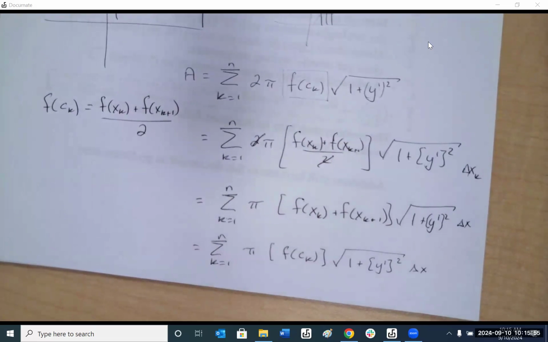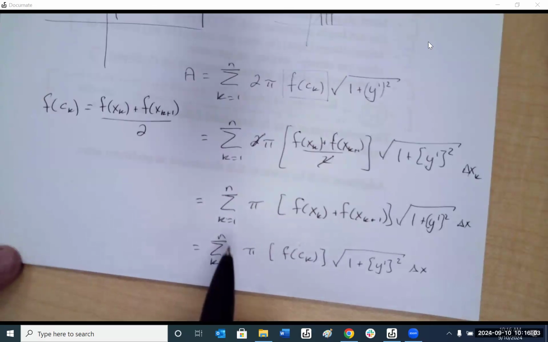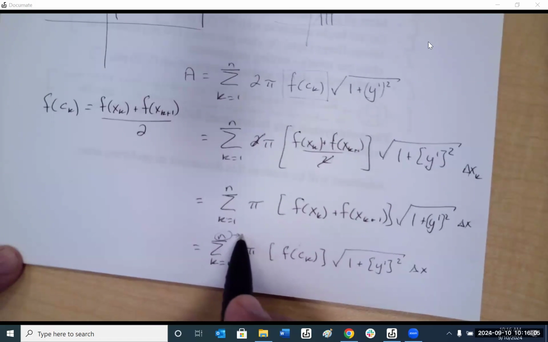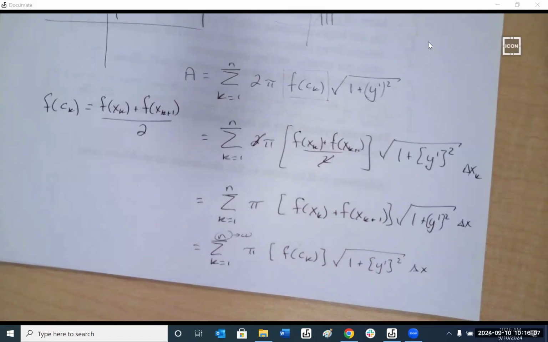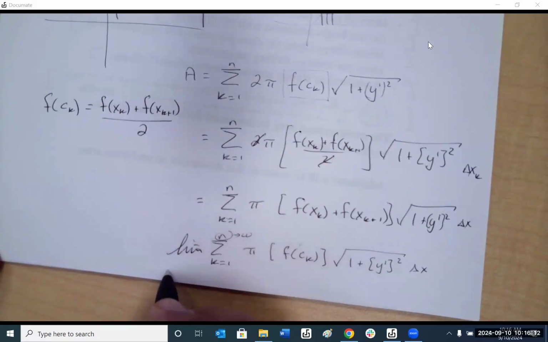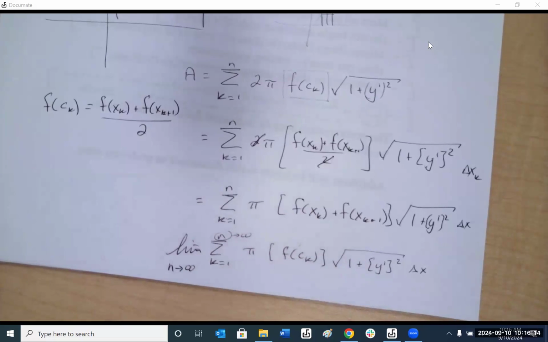We're trying to get to the Riemann sum, because what this finds is each individual one, and we're adding them all together. Well, what happens when this goes to infinity? If we take the limit as n goes to infinity, what does that give us?